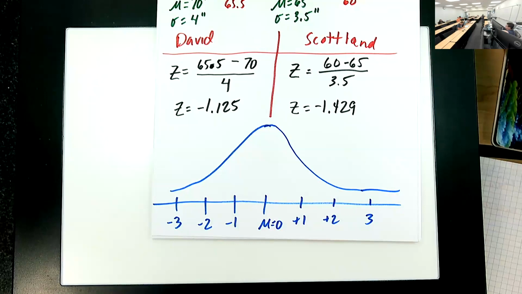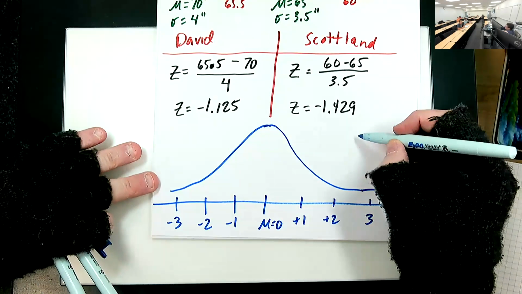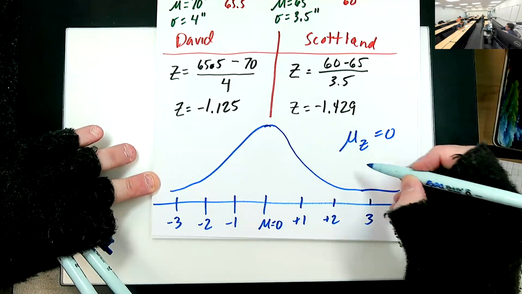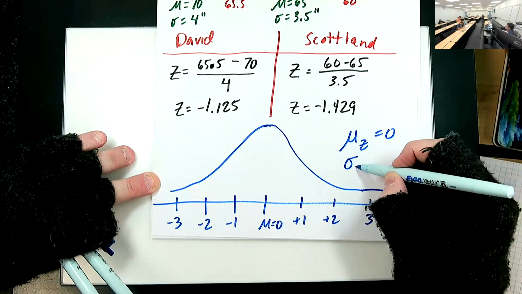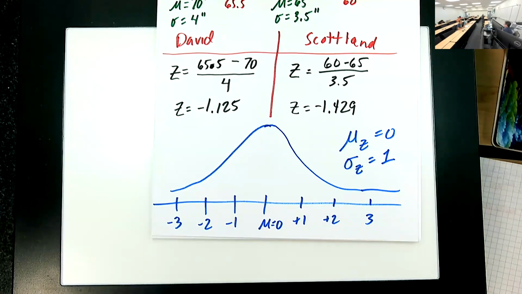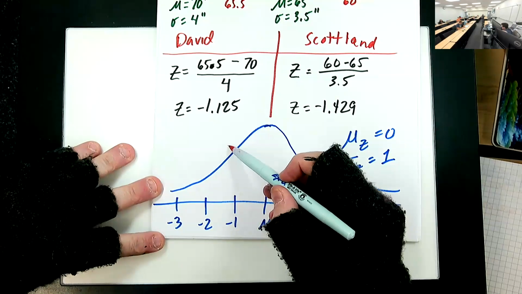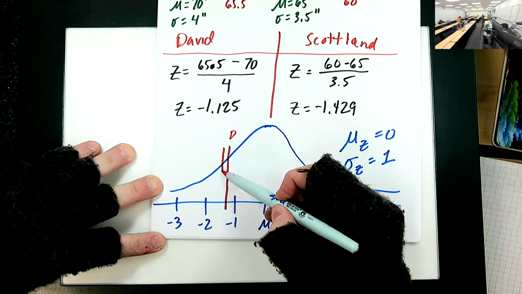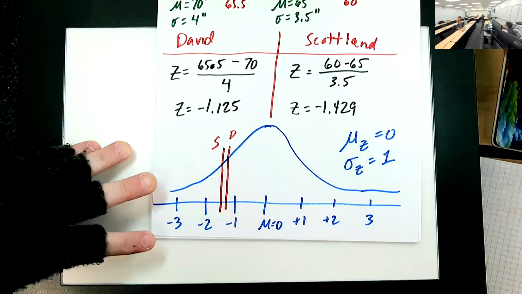The average is 0. The mean for z is 0. And the standard deviation for z is 1. That's pretty handy. Which means we both fall in this range. I'm right about there, and Scotland's just a little bit to the left.